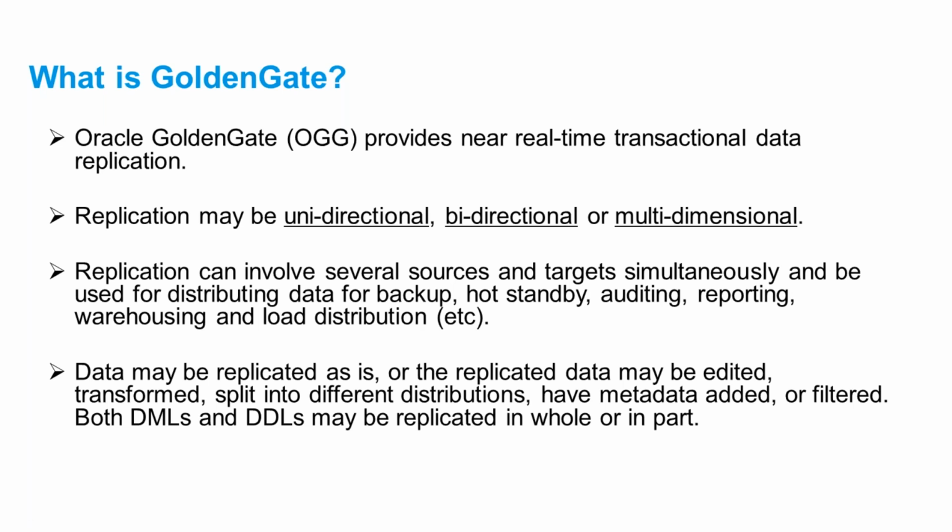So replication can involve several sources and targets simultaneously, and that could be used for backup purposes, standby purposes, auditing, reporting, warehousing, load distribution. There are a lot of use cases available with Golden Gate. In fact, personally, I worked with one of the leading banks of India.